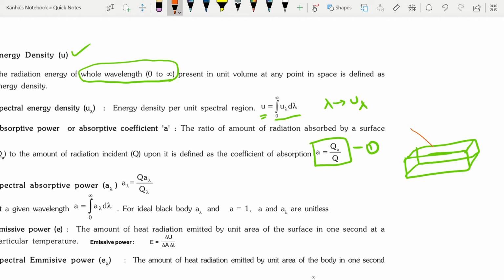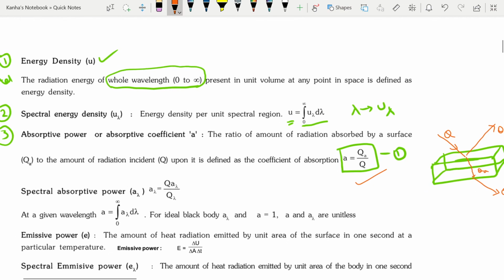So some radiation falls on it. Let's say that radiation is Q. There is some amount of it reflected, Q reflected. There is some amount of radiation that is absorbed, Q absorbed, and the rest is transmitted, Q transmitted. So this is the absorption power.